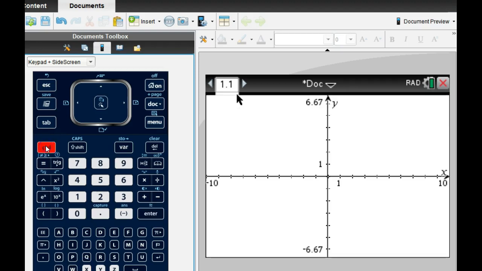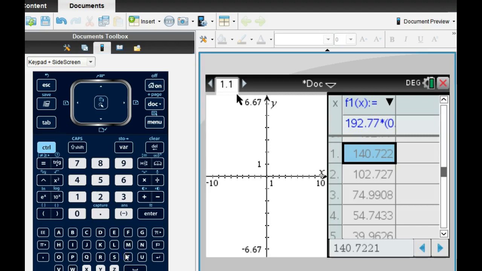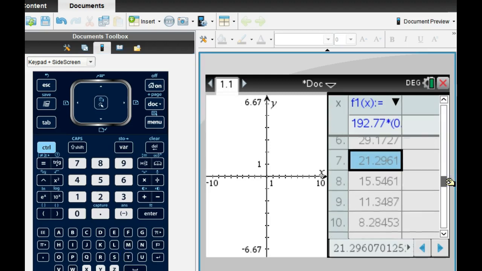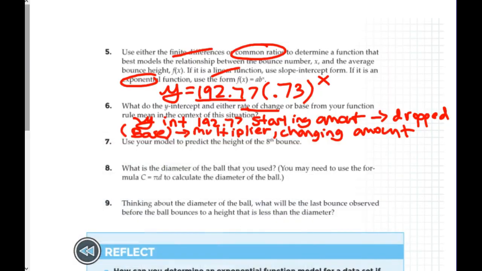That's fine. I hit Control T because I need the table. And I'm looking for the 8th term, which is 15.55. We're going to round that. Okay? So 15.55. How did I get that? Graph, Control T.